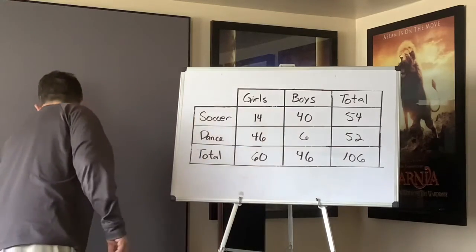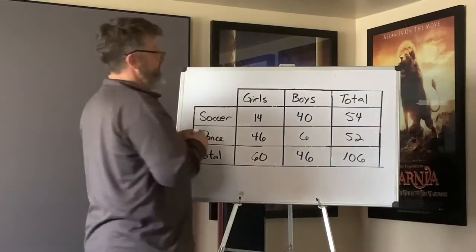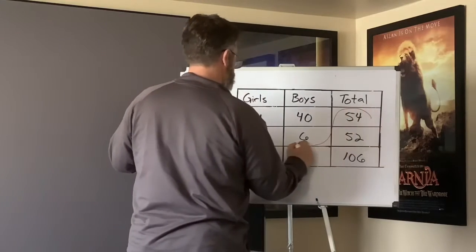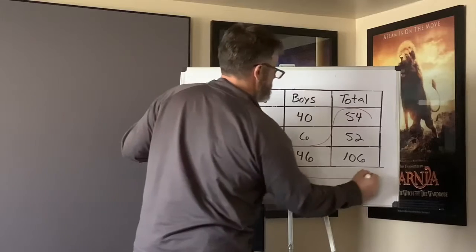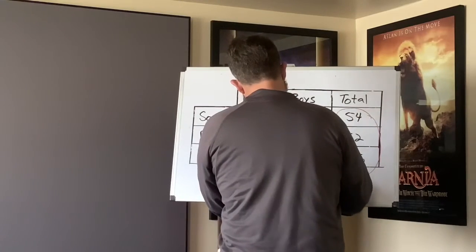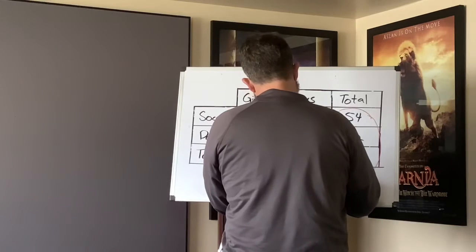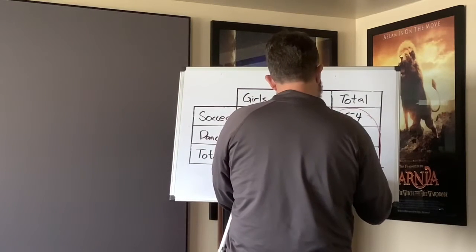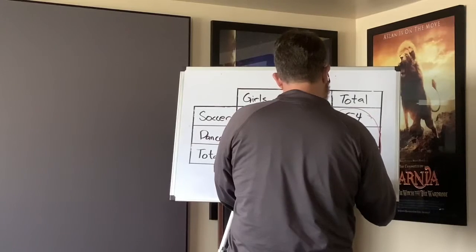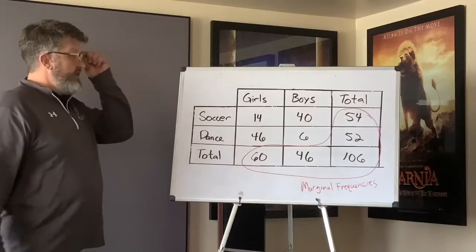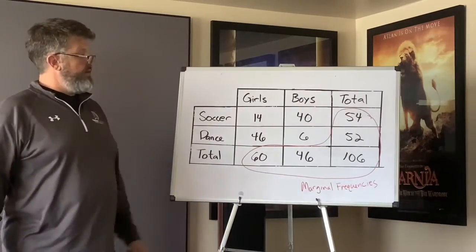Okay, that's the word I wanted you to write down in your notes. These are what we call marginal frequencies. Okay, so that's a word that's going to be used quite a bit as we go down the road.